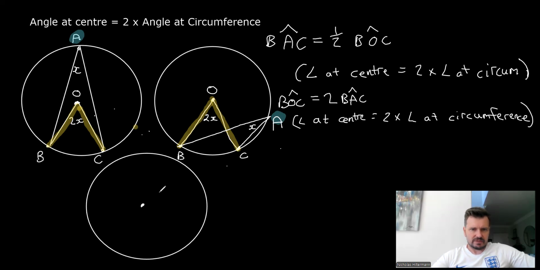Okay, the last one. If we move it anywhere along this circumference here, we're going to get one of those shapes. But what happens if we put the A between B and C?